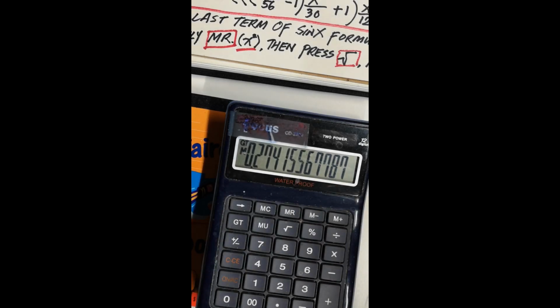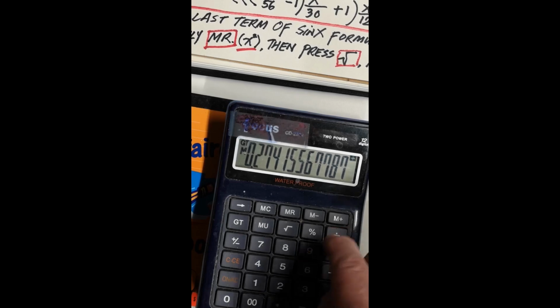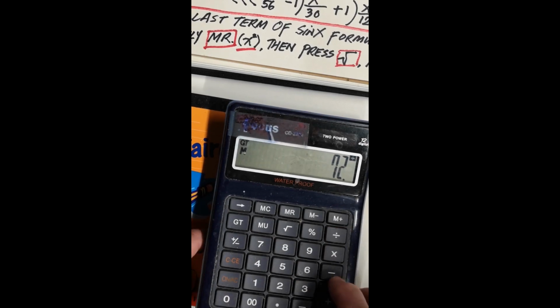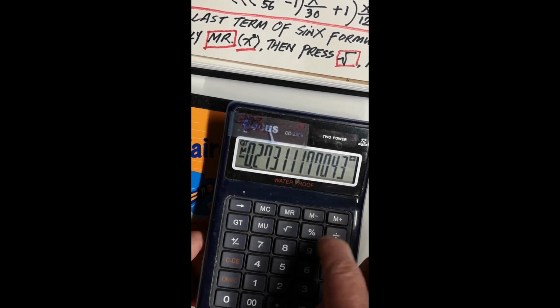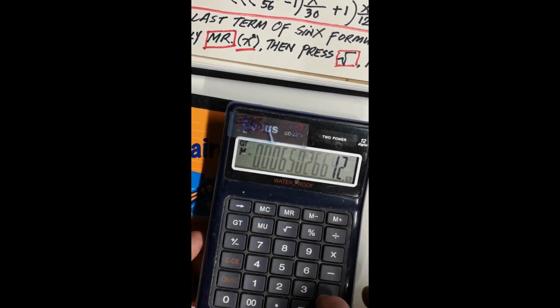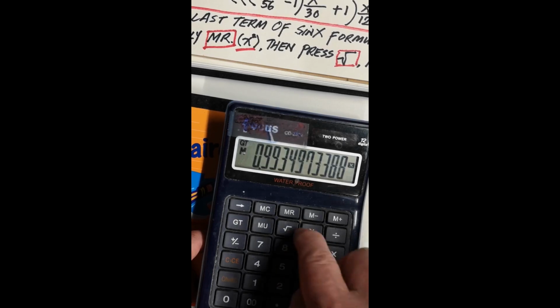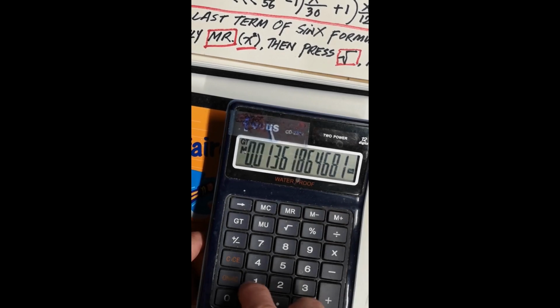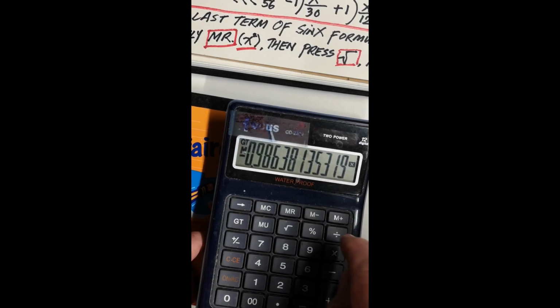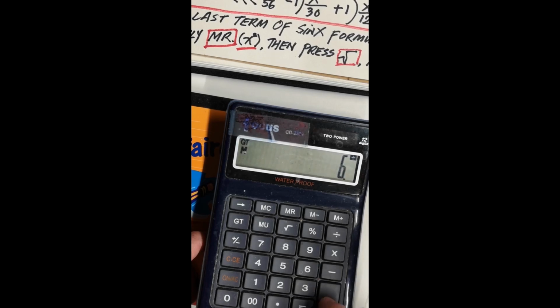So following the equation, it's equal to x squared divided by 72 minus 1 times x squared divided by 42 plus 1 times x squared divided by 20 minus 1 times x squared divided by 6 plus 1, equal.